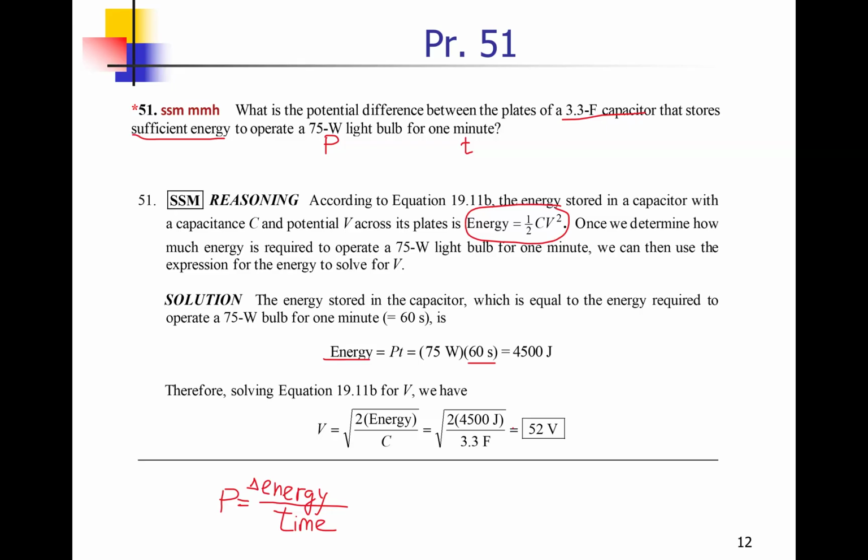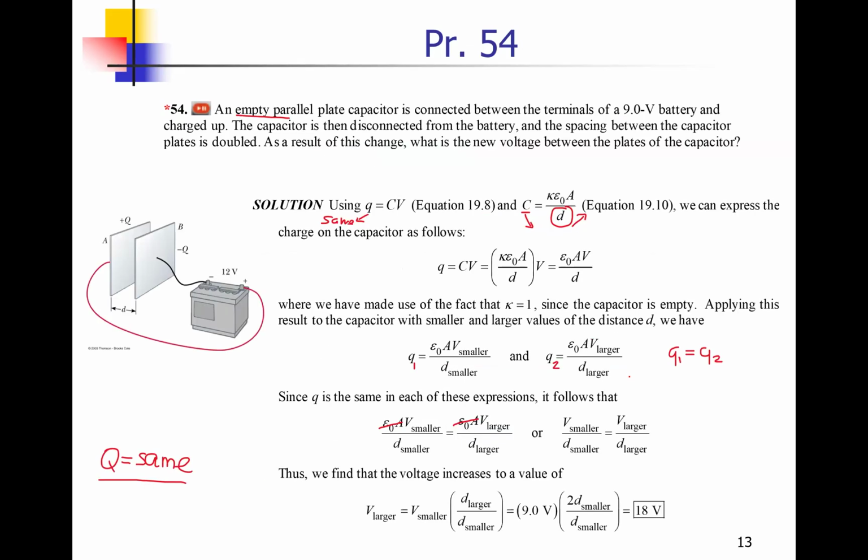So 1/2 CV squared will be equal to this power times the 60 seconds of time, so 4,500 joules, and it will be equal to 1/2 CV squared. And then you can calculate your V here.